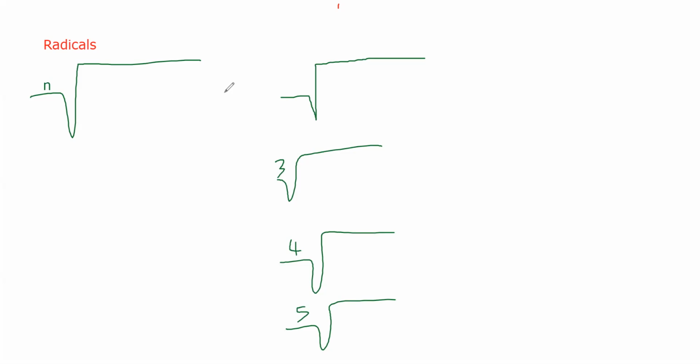Well, here's what happens when you're taking a root. If you wanted to rewrite that as a simple exponent, a square root is actually a 1/2 power. It's a fractional power. So whatever's on the inside of your radical, if you're taking a square root, you're raising that thing to the 1/2 power.